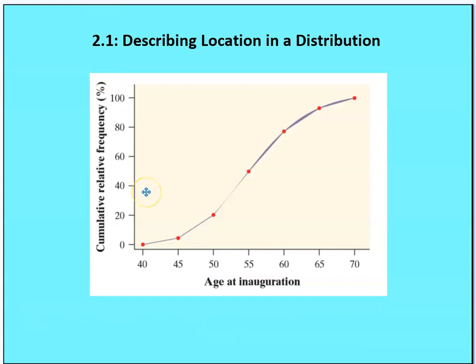Okay, and then we can use that information to create a cumulative relative frequency graph where a certain age represents all of the frequencies of ages of presidents that came before. So this is 50 and below, 55 and below, 60 and below, etc. So once you get to an age where all of the presidents have been below, your cumulative relative frequency should be at 100%.